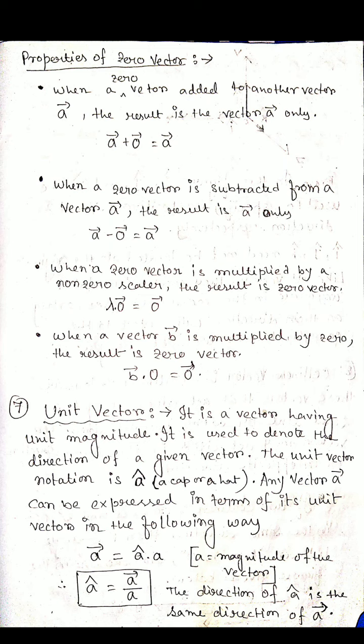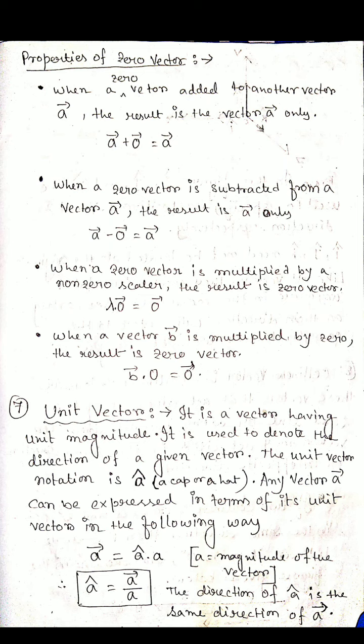Now if we multiply the 0 vector with any non-zero scalar quantity, non-zero scalar quantity meaning not a vector quantity, then what do we get? 0 vector. 2 into 0 is 0, 3 into 0 is 0, A into 0 is 0, if A is a scalar quantity.